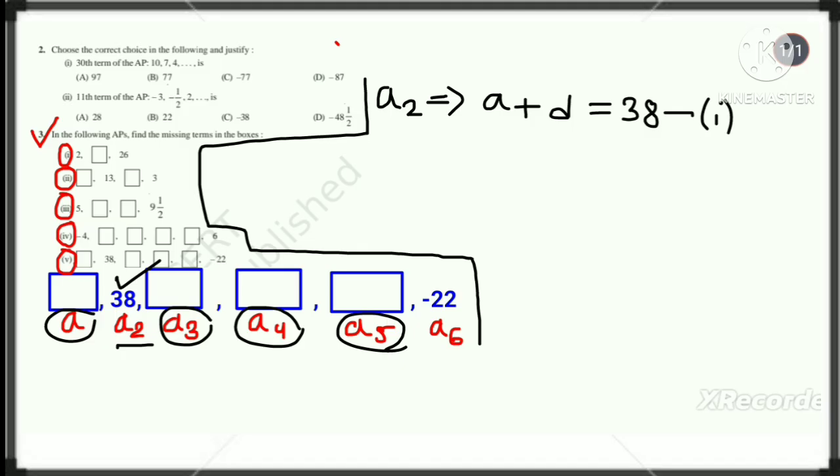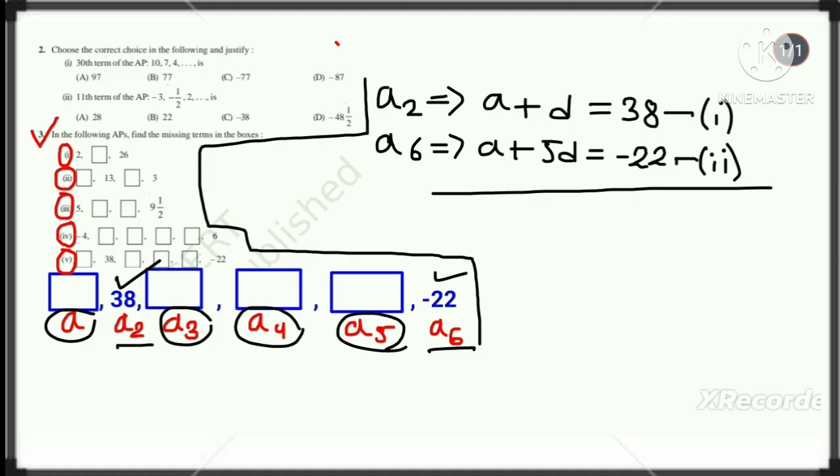Similarly, this A6 can be written as A plus 5D, and it is equal to minus 22. This is our second equation.